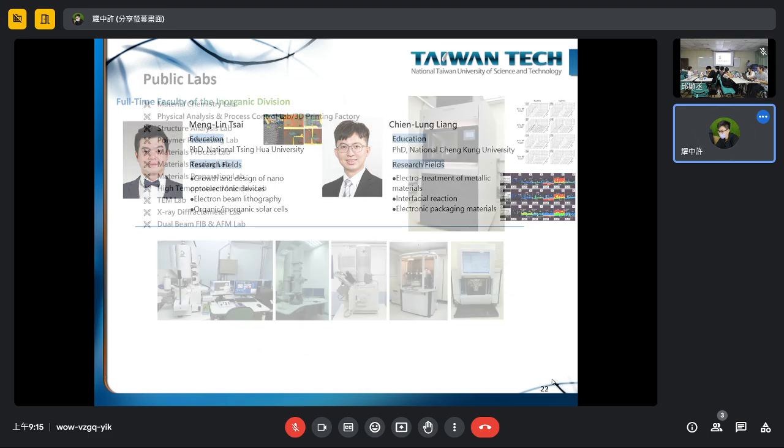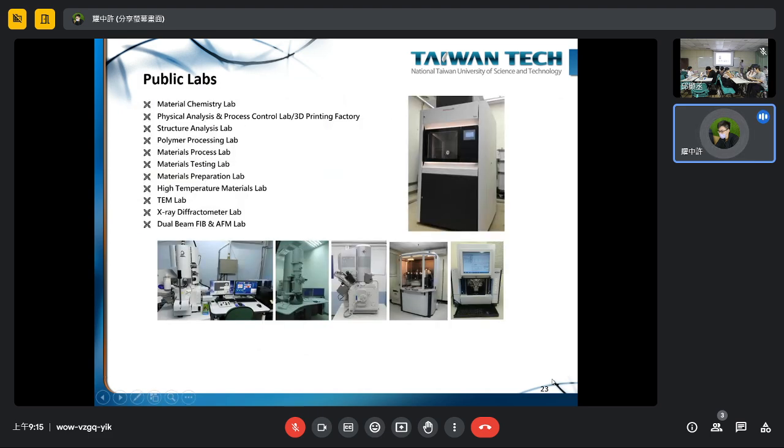So these are our public labs. Mainly in material science, you will see some microscopes, but usually not optical microscopes, usually electron microscopes, so that you can achieve nanoscale resolution, or you can go to atomic scale.